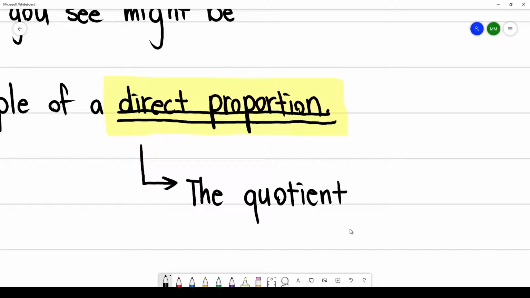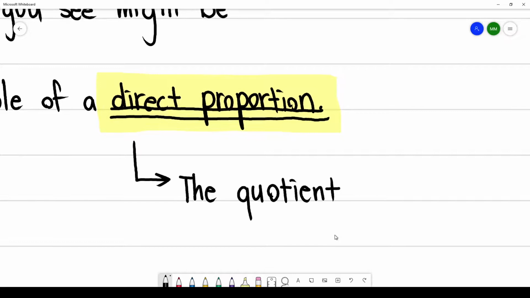Hello? Does anyone know what a quotient means? No answer. You can type it into the chat as well. If you look at the text channel, there's a class text channel, and you can write down what you think or what questions you have in that chat.